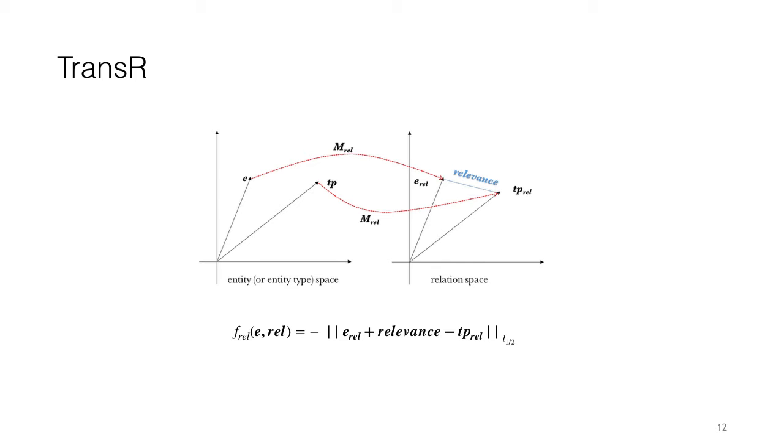The assumption is that entities and relations are completely different types of objects, so they should not be in the same vector space. According to the picture, the projection matrix M_rel projects the entity and entity types to the relation space and calculates the scores of the triples.